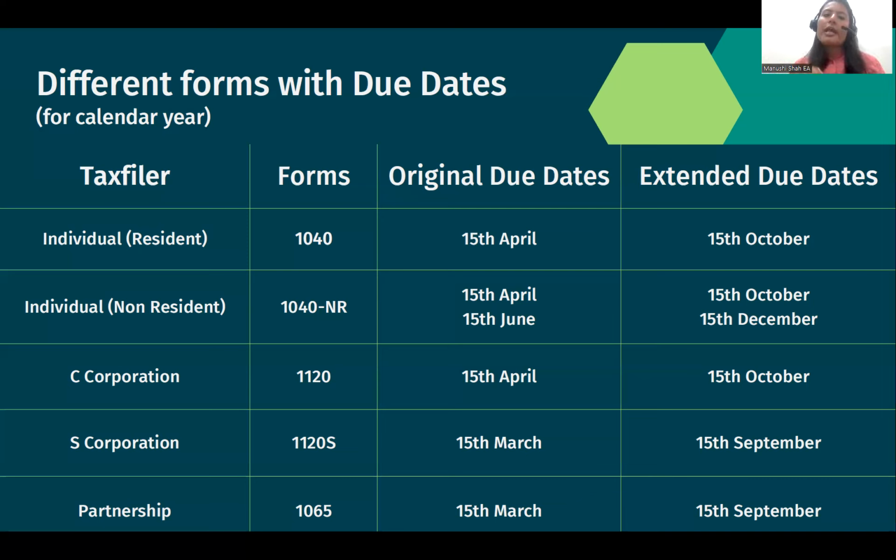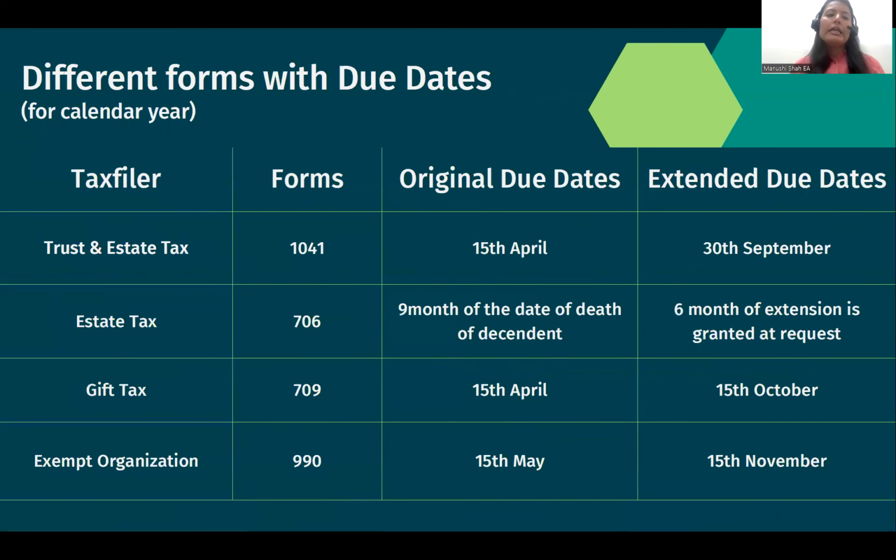So S corporation and partnership will issue form K1, right? And through K1, the respective shareholder and partner will include that income in their individual tax return, that is form 1040. Okay, so that is the main difference between C corporation and the S corporation, right?